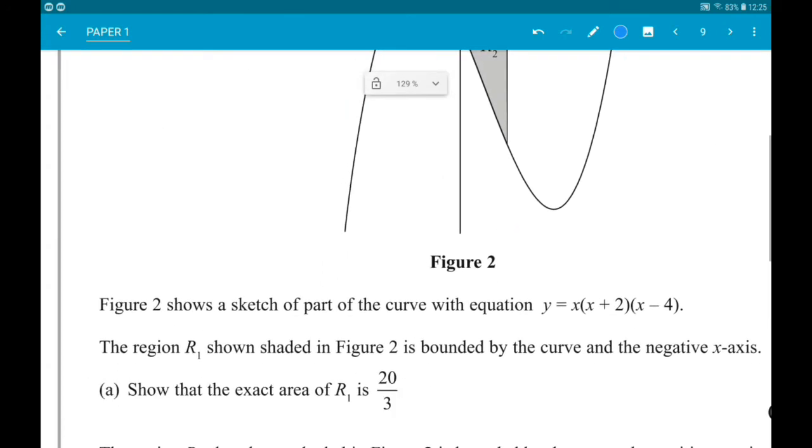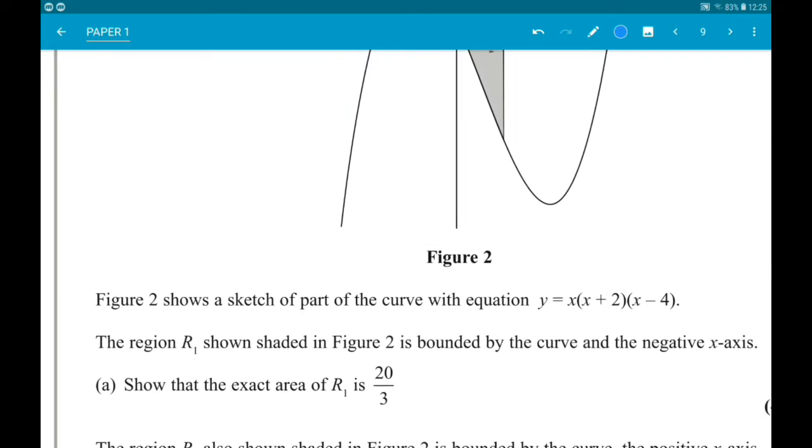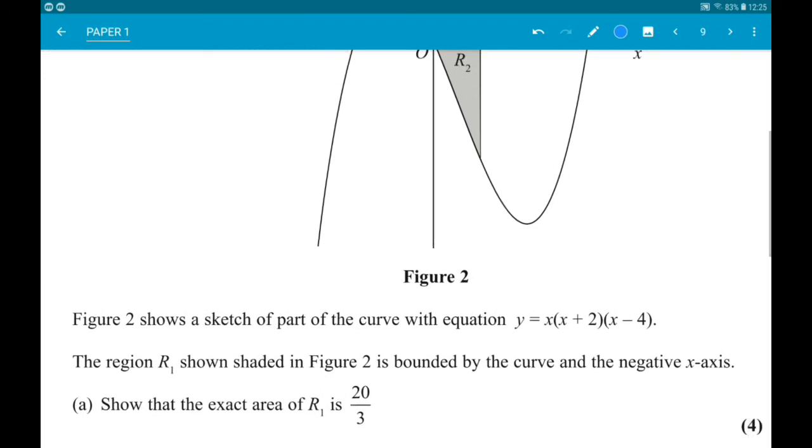Then we're told that the region R1 is bounded by the curve and the negative x-axis. Part A, show that R1 is 20 thirds.